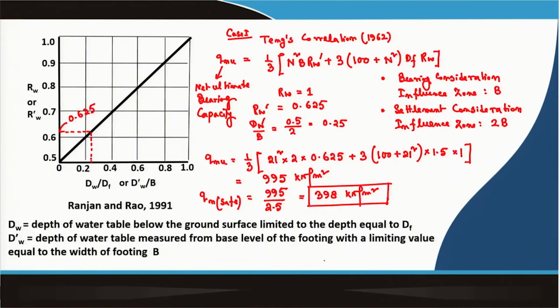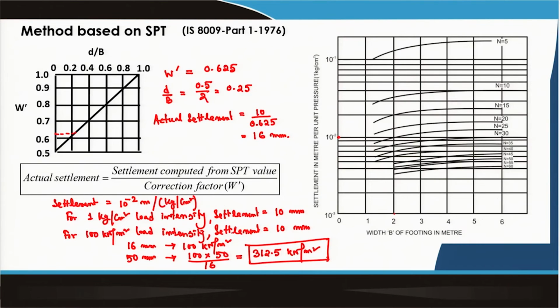So, from bearing consideration your safe load is 398 kilonewton per meter square, and for the settlement consideration your stress is 312.5 kilonewton per meter square. So, the minimum of these two will be the allowable bearing capacity. So, Q allowable will be 312.5 kilonewton per meter square.